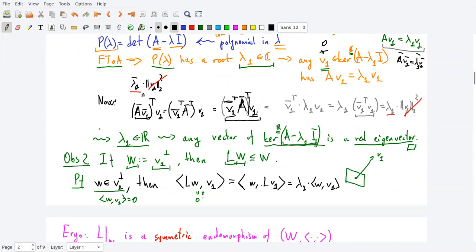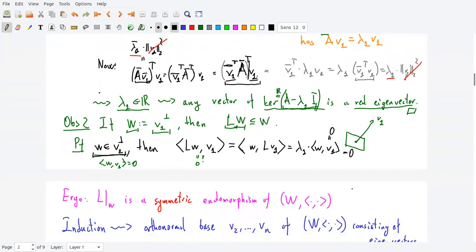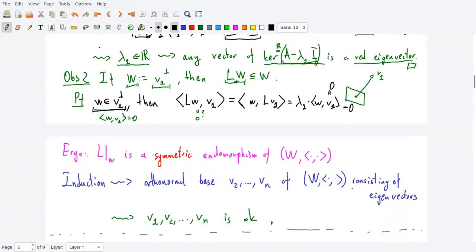Yeah, because what L does with v1 is just scale it by the eigenvalue lambda 1. Yeah, but now our assumption was that W was orthogonal to v1, so this is 0. Yeah, so we have indeed proved that when I apply my symmetric operator on any vector that is orthogonal to v1, I get again a vector orthogonal to v1.